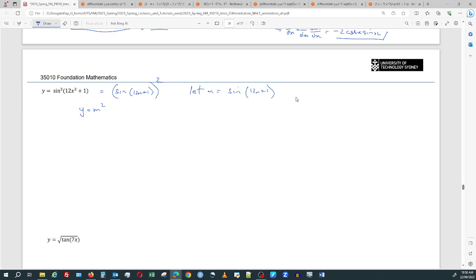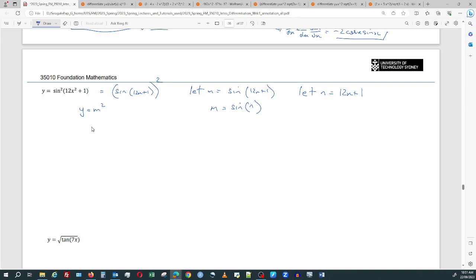So it's actually requiring us to write let n equal 12x plus 1. And that will allow us to write m, not in terms of x, but in terms of n. So now we've got y in terms of m, in terms of n, in terms of x. 3 steps. 1, 2, 3.